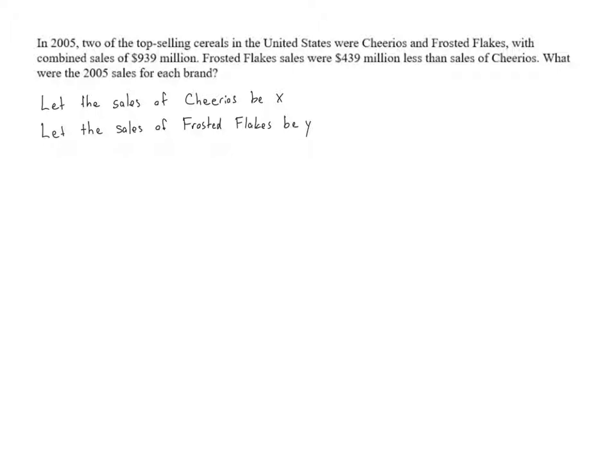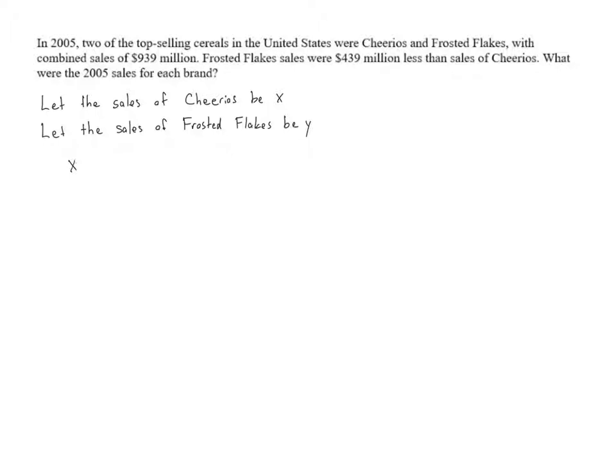Now, we need two equations that model the situation because we have two variables. Let's look at the first sentence. In 2005, two of the top-selling cereals in the U.S. were Cheerios and Frosted Flakes, with combined sales of $939 million. So we know the total sales of those two types of cereal were $939 million. Well, the total we get by adding them together.